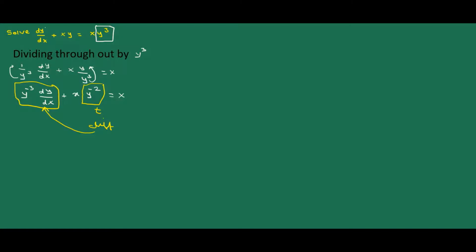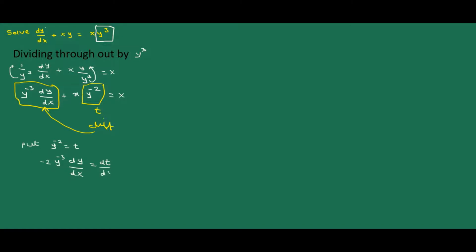Put y raised to minus 2 is equal to t. Then differentiate: minus 2 into y raised to minus 3 into dy divided by dx is equal to dt divided by dx.